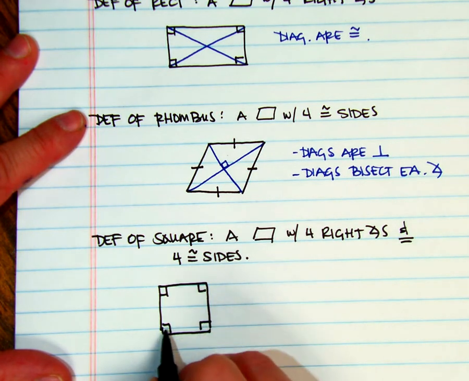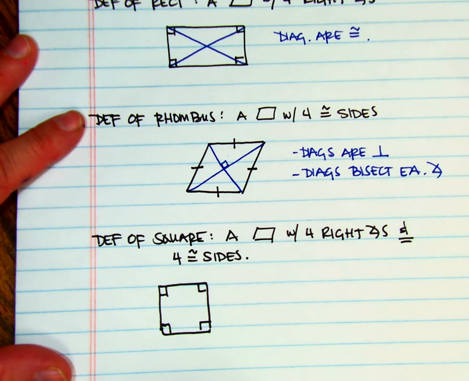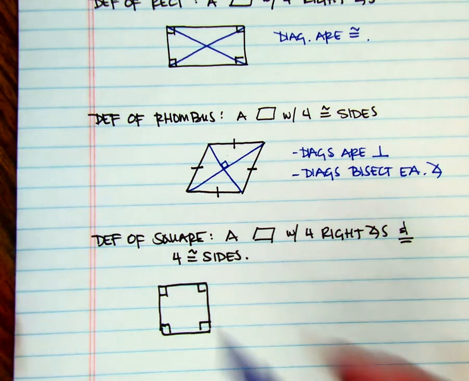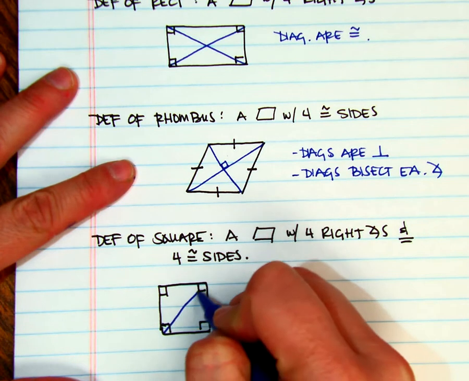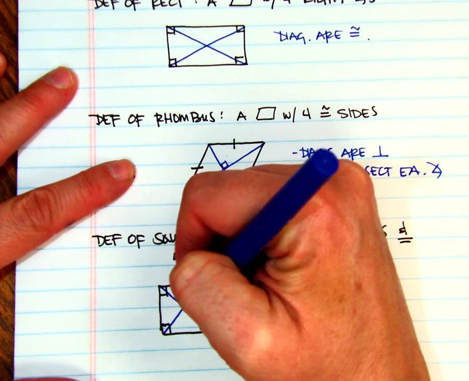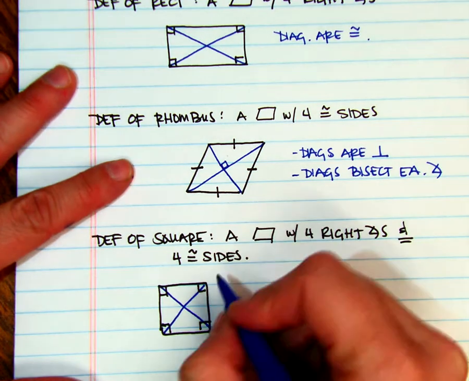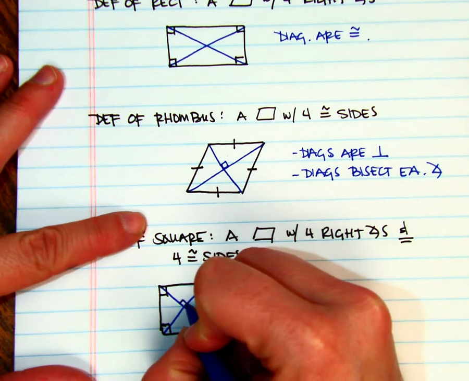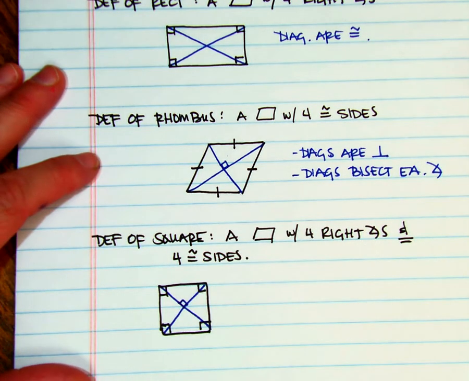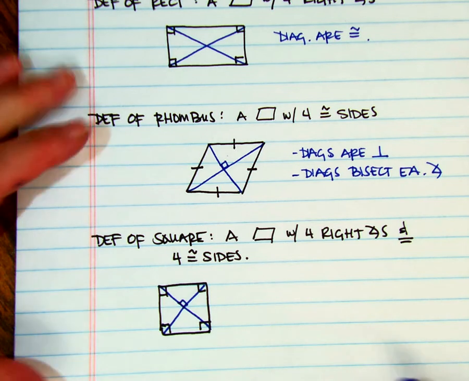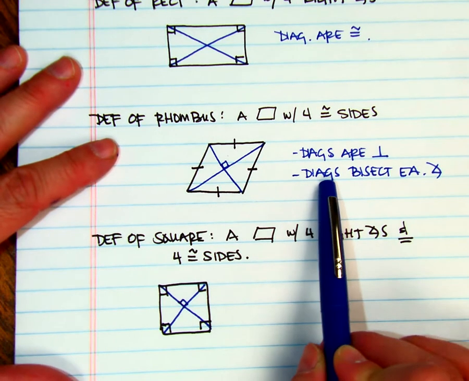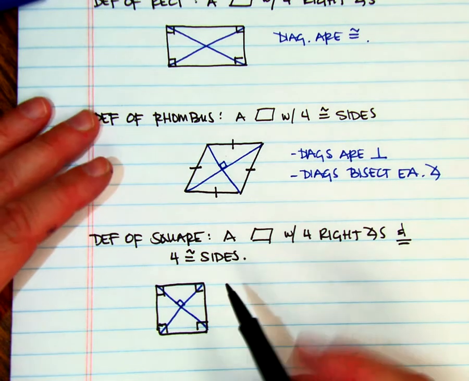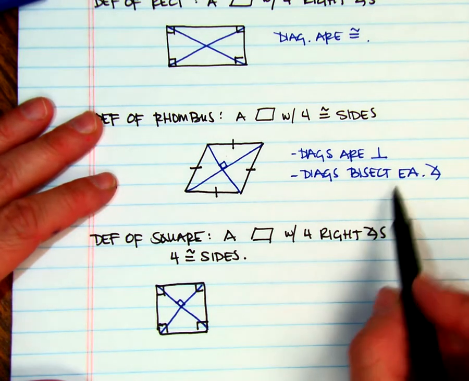So if there's 4 right angles, that means that all the angles are congruent. Then I have my diagonals. My diagonals are going to be congruent. So again, we are combining a rectangle and a rhombus. So that means that the diagonals are perpendicular. And it also takes on the diagonals bisect each other. And it also takes on the fact that they bisect each angle.